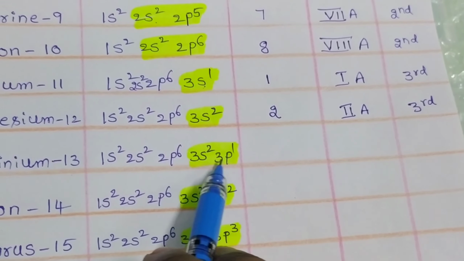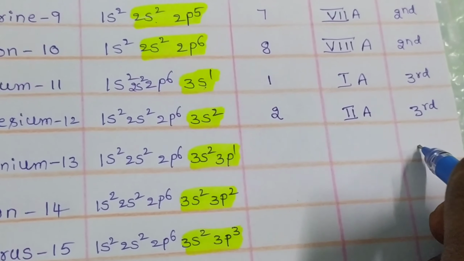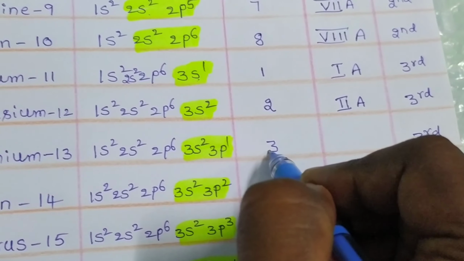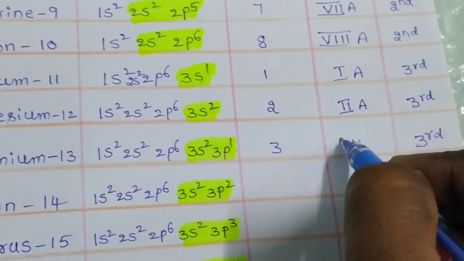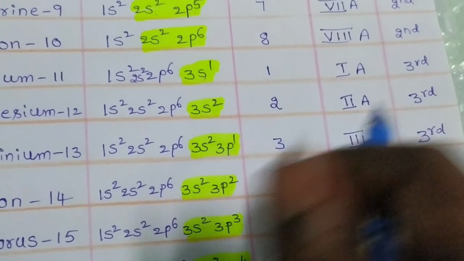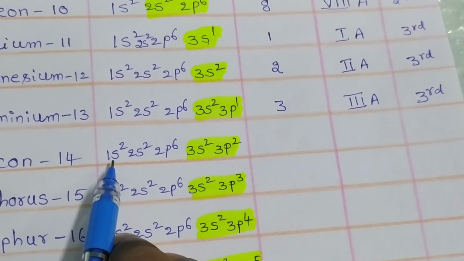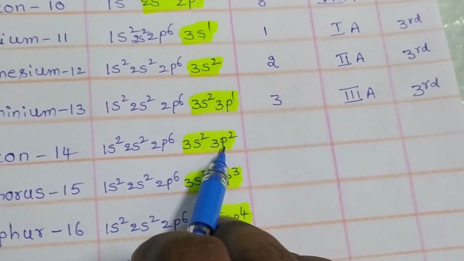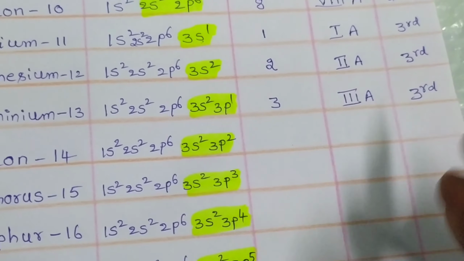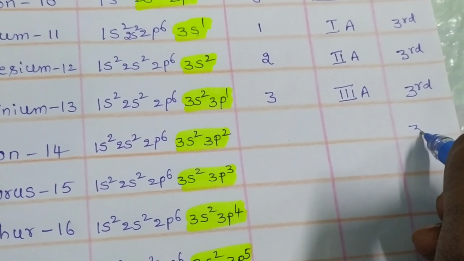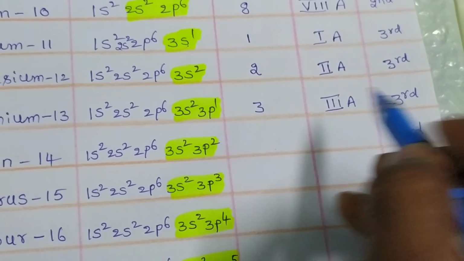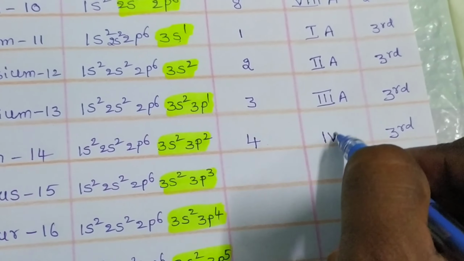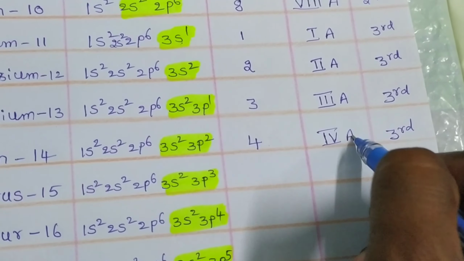The outermost orbit is third orbit, so it belongs to third period, containing 3 valency electrons, so it belongs to third A group. Next, silicon, with electronic configuration 1s2, 2s2, 2p6, 3s2, 3p2. The outermost orbit is third orbit, so silicon is present in third period. It contains 4 valency electrons, so silicon is present in fourth A group.